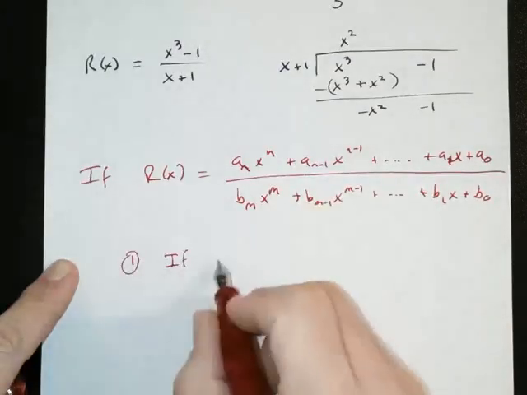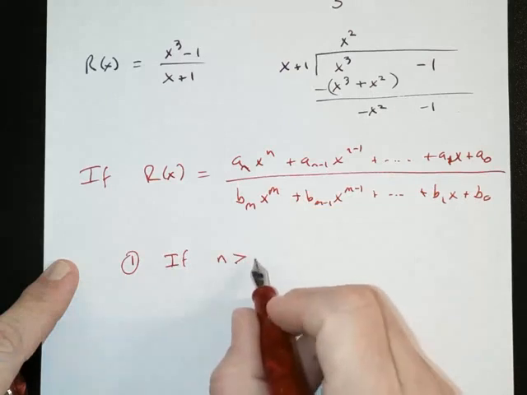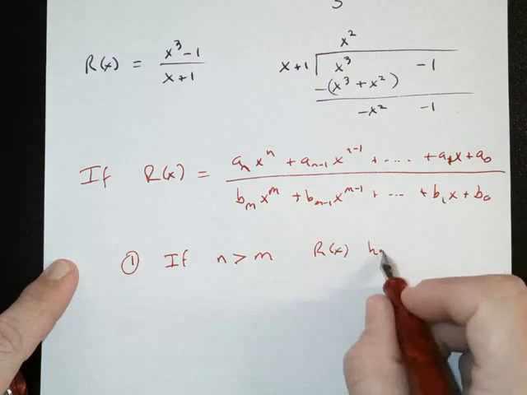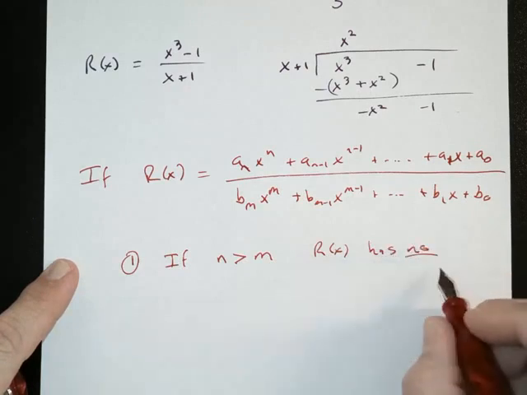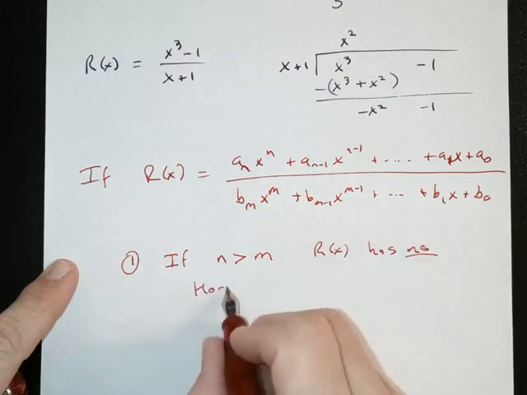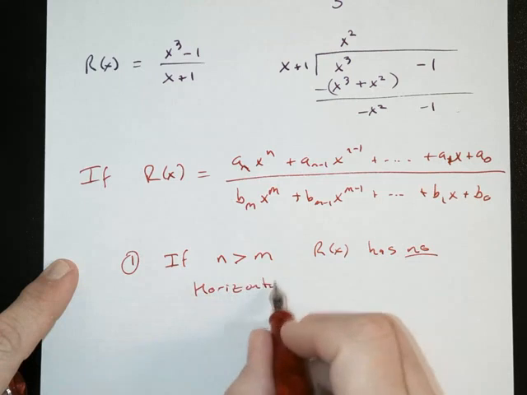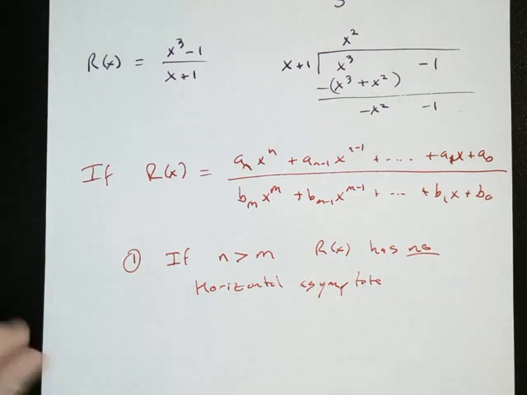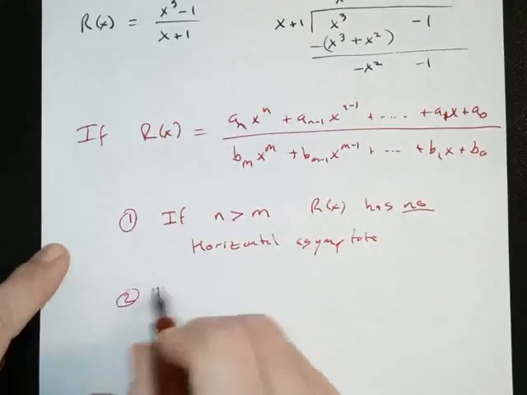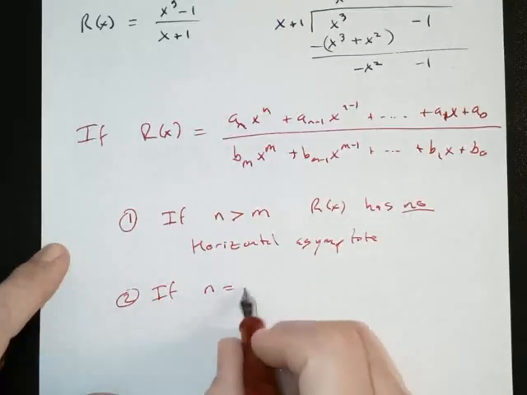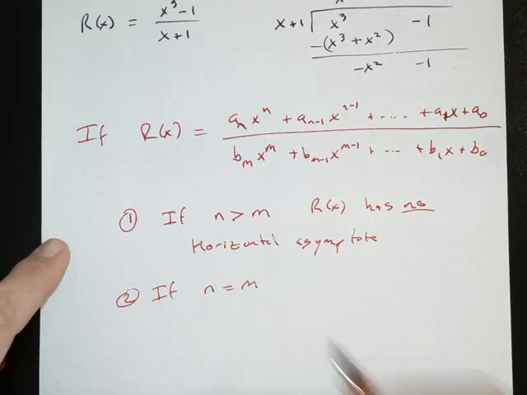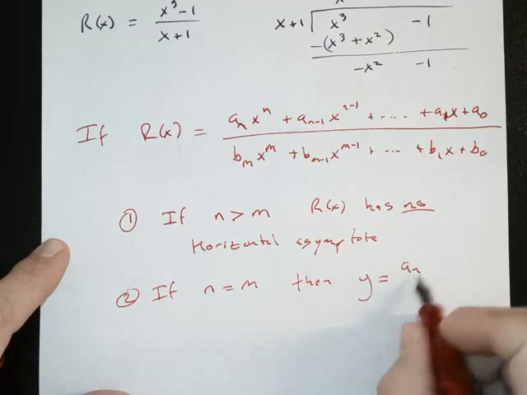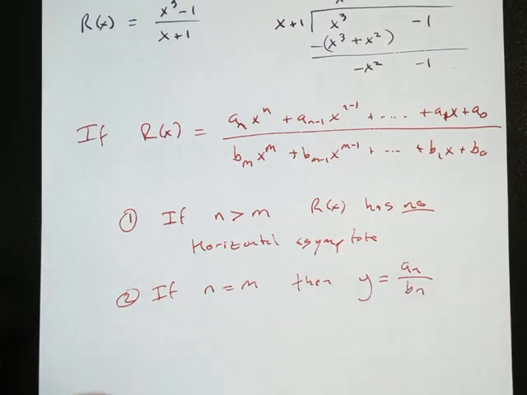1. If the power on top is bigger than the power on the bottom, r of x has no horizontal asymptote. 2. If the powers are equal, then y equals a_n over b_n is the horizontal asymptote.